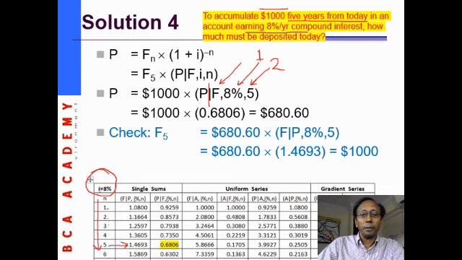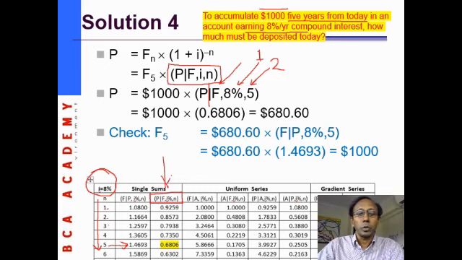Then we have to take by the entire formula. That means for compound interest, for the known future value, interest and number of years, the unknown P, net present value, can be calculated using this formula. So the second column of the single sum is to be taken.